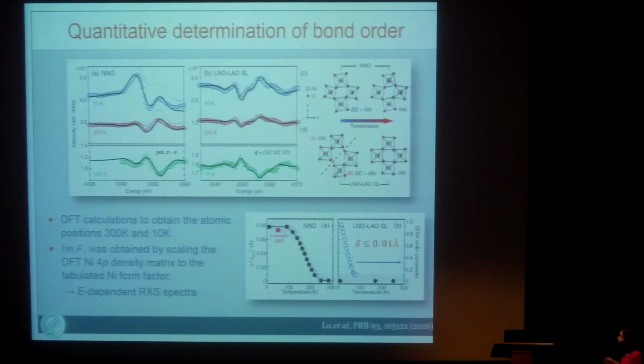And from these results, we could obtain an upper bound for the bond disproportionation in our lanthanum nickelate aluminate superlattices, and what we found is that it's smaller than 0.01 angstrom. In comparison, the neodymium nickelate, which is also in good agreement with results from polycrystalline samples, has a bond disproportionation which is about 7 to 8 times larger than this.